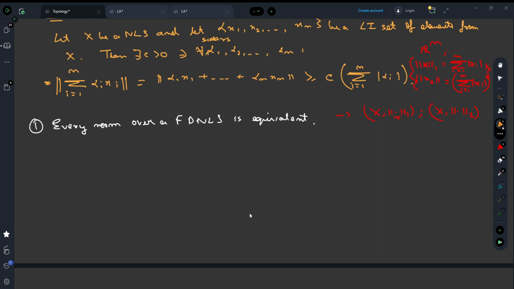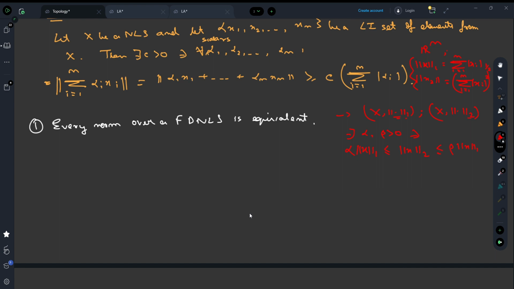So we have two norms defined on X. Both of them are said to be equivalent if there exist positive numbers alpha, beta greater than 0, such that alpha times norm 1 of x is less than or equal to norm 2 of x, which is less than or equal to beta times norm 1 of x.